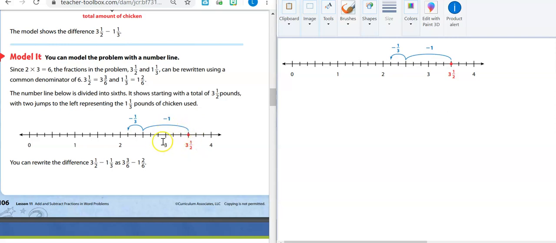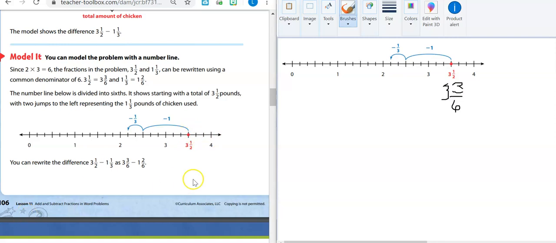Now, if we were to use the common equivalent fraction with the common denominator of 6, this will also be 3 and 3/6 because each whole part is broken into 1, 2, 3, 4, 5, 6 equal parts. So 3.5 is equivalent to 3 and 3/6.